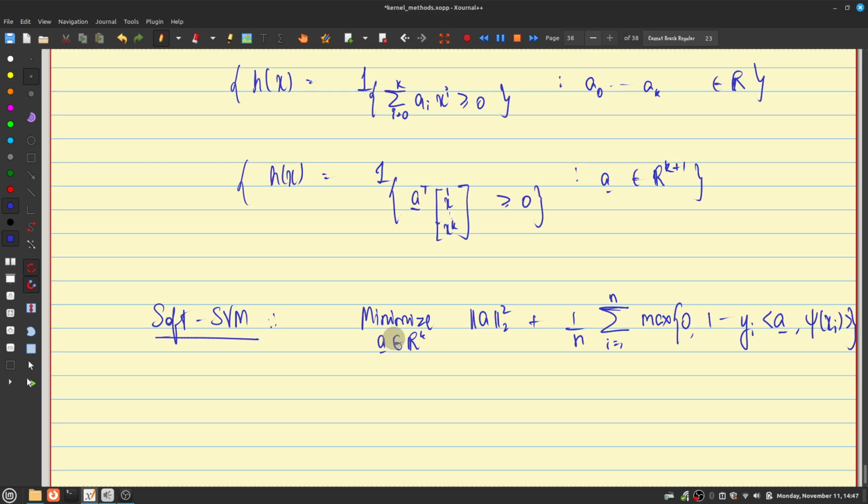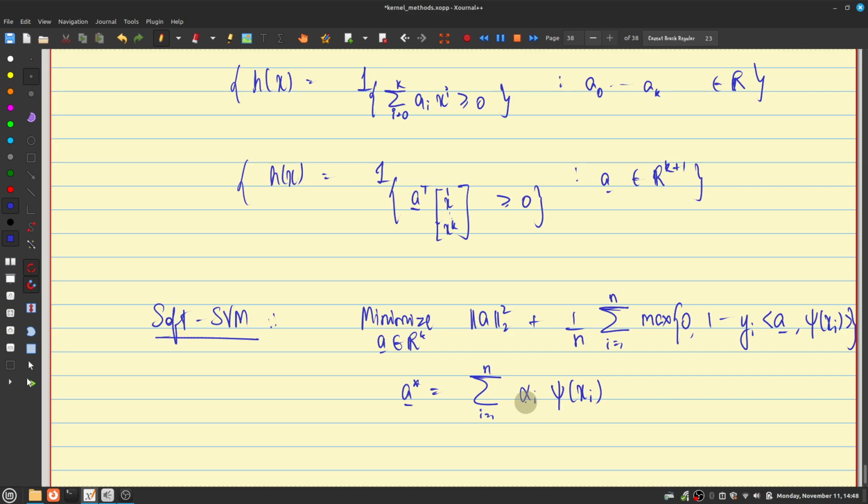Okay, this doesn't seem like we can reduce the complexity, because this whole optimization problem is in k dimensions. But what do we know about the soft SVM? What does the solution look like? It's some linear combination of these psi of xi, so summation i equal to 1 to n of some alpha i times psi of xi.